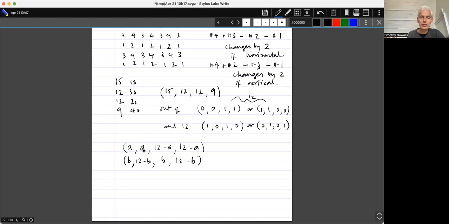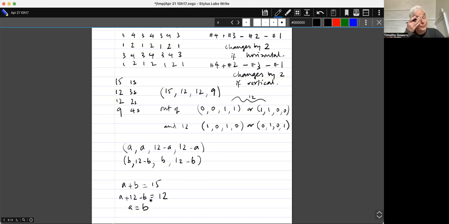Oh dear. So let's just do this. A plus B equals 15. And then A plus 12 minus B equals 12. So A equals B. So it's a parity thing. Which is impossible because A and B can't be 7.5.